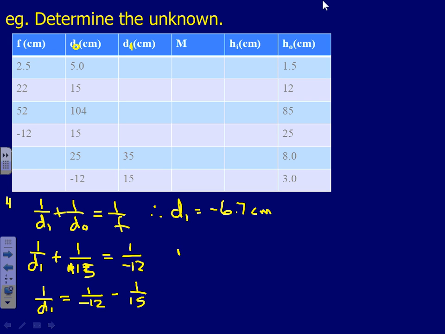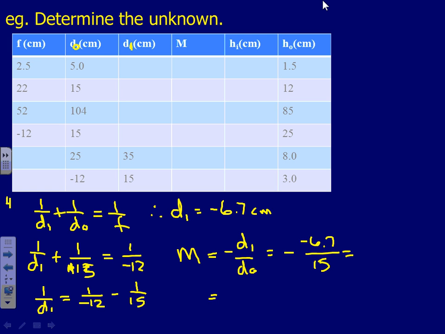Magnification. Negative di over do. Put that there. Negative di, which is negative 6.7 over, what is the object there? 15. So what is the magnification? It can't be 1.1 because that's smaller than that, so it has to be a decimal.